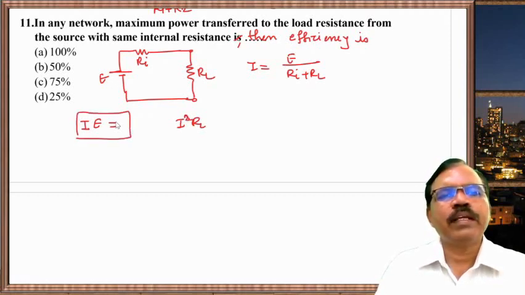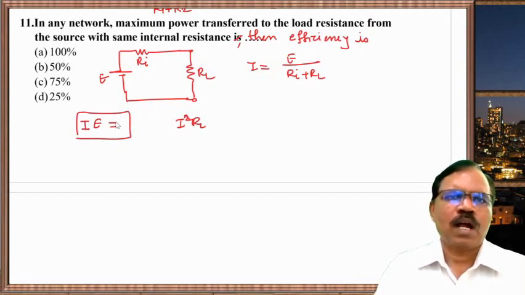So if we take these two, now I is this, so E upon, so E square upon Ri plus RL.